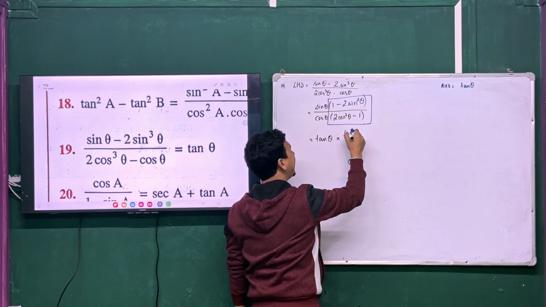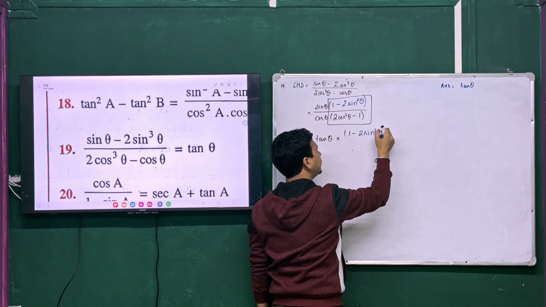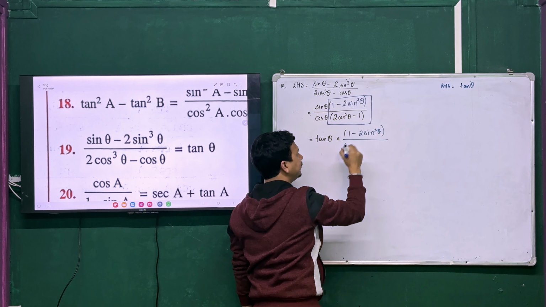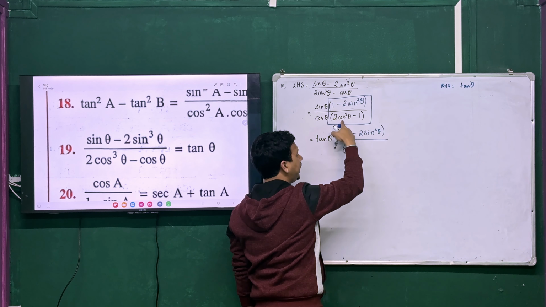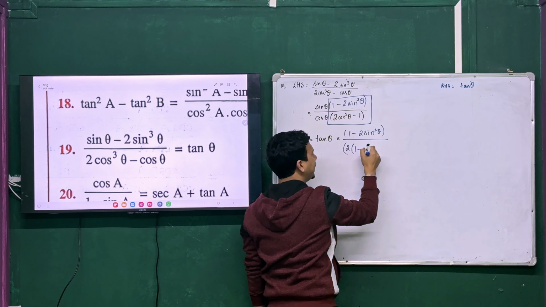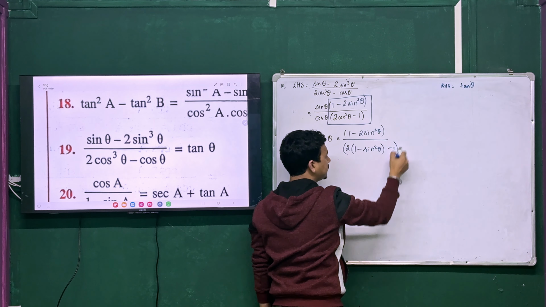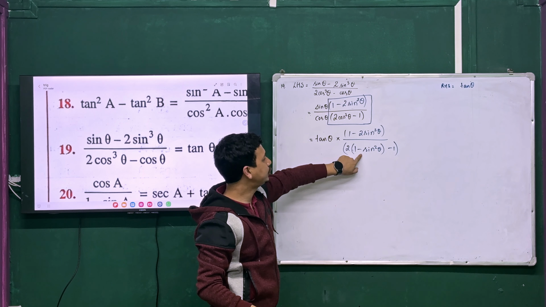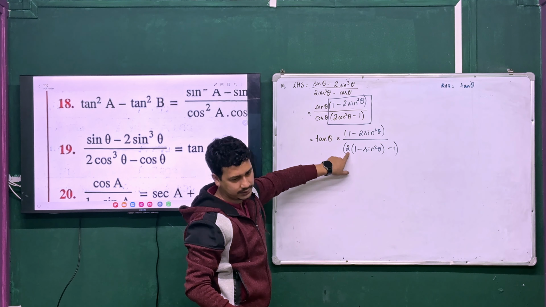Let's leave the numerator as it is: 1 minus 2 sine square theta. In the denominator, this cos square I can convert to sine square, but the 2 will be inside the bracket and cos square will be 1 minus sine square theta, minus 1. So just this cos square I'm converting to 1 minus sine square. That's what you can do if there is a 2 in front.